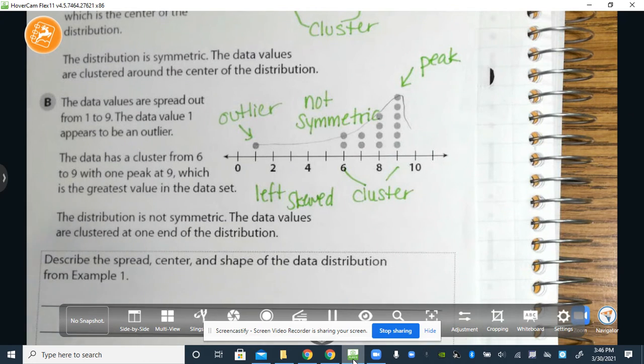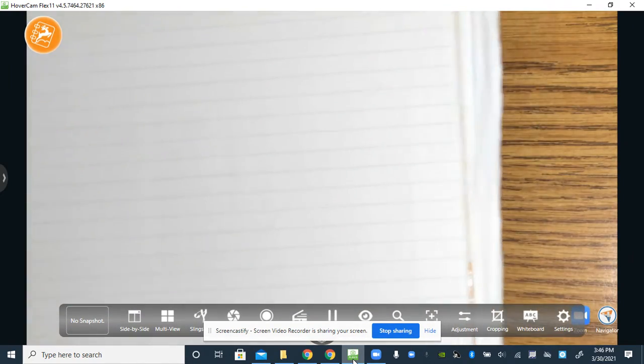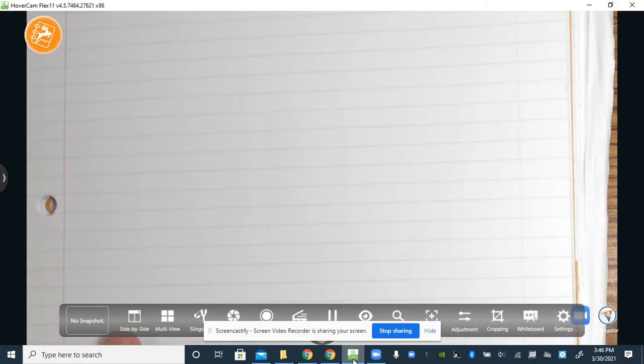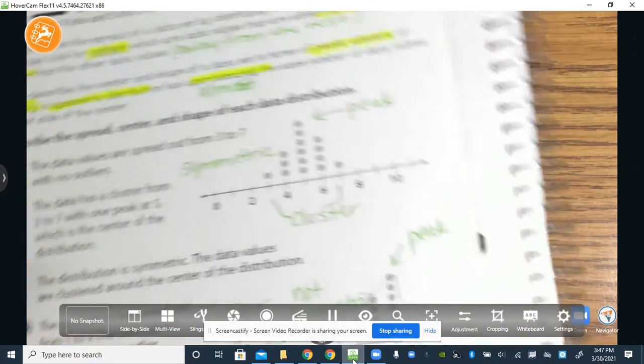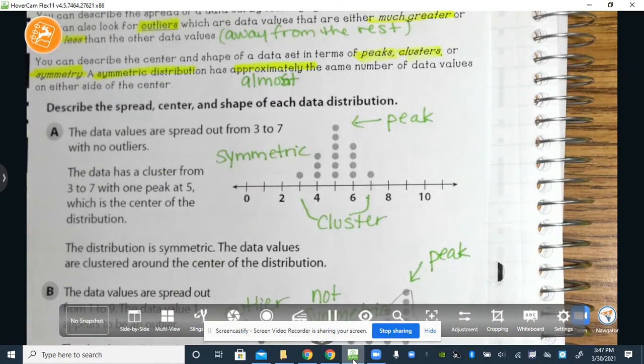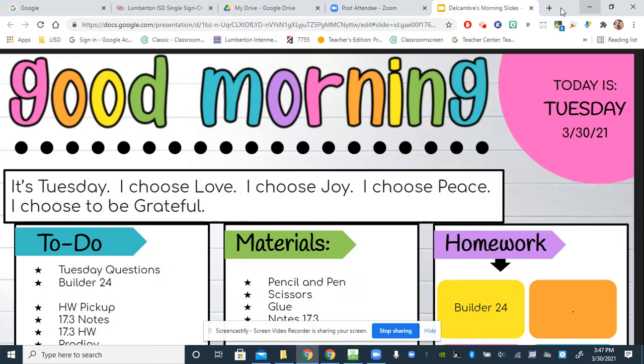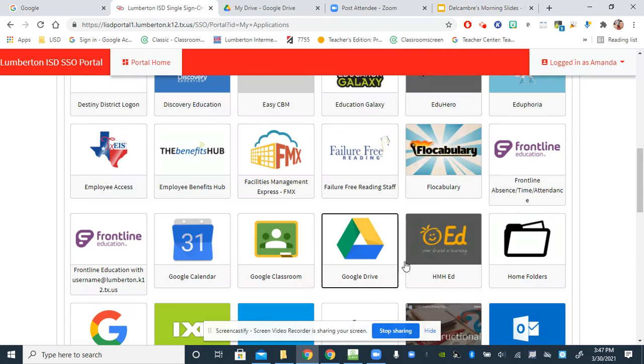All right, so we're going to go over page 3 tomorrow. And I want to take a look at your homework. So let's go to your Google Classroom.